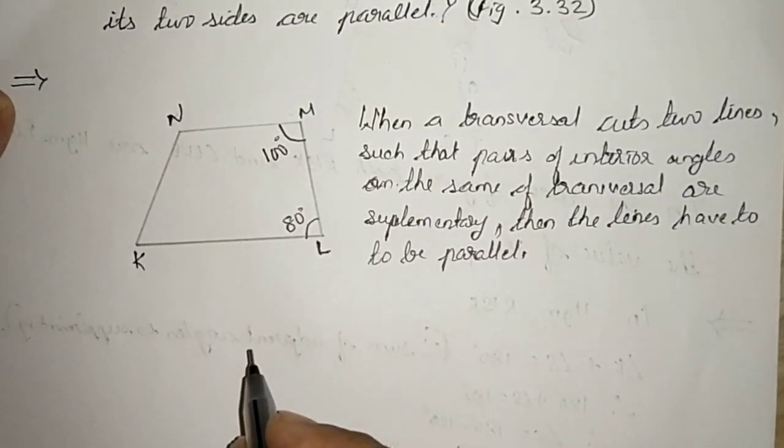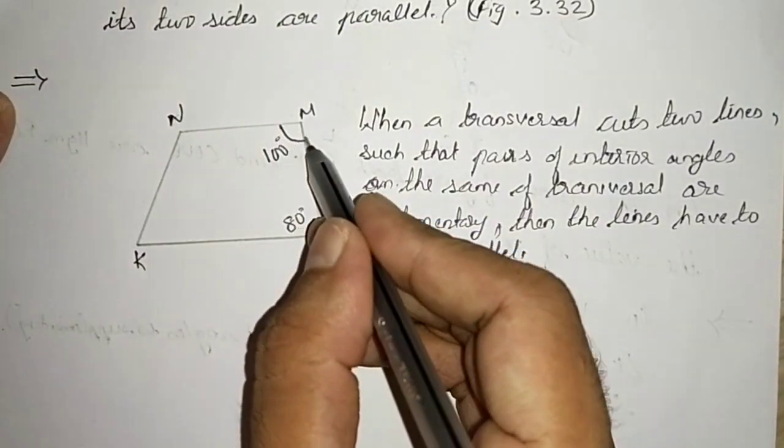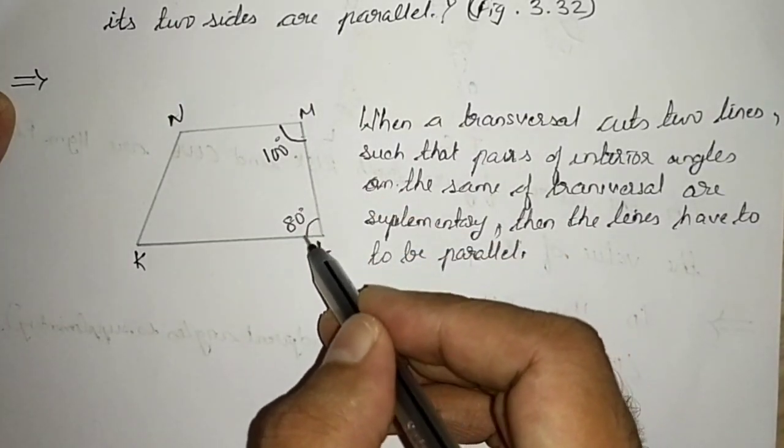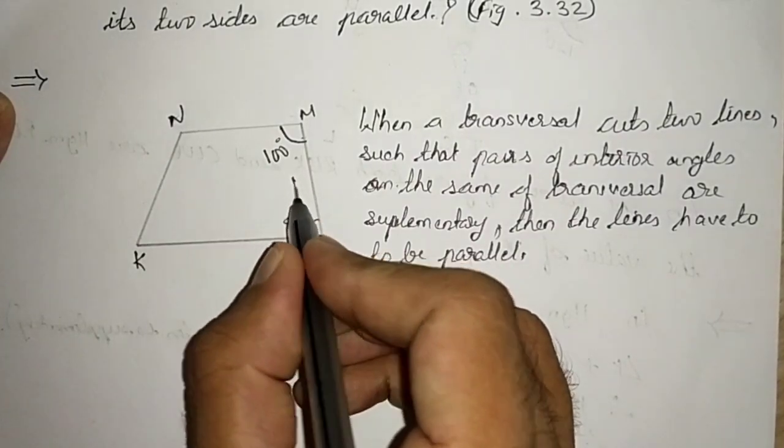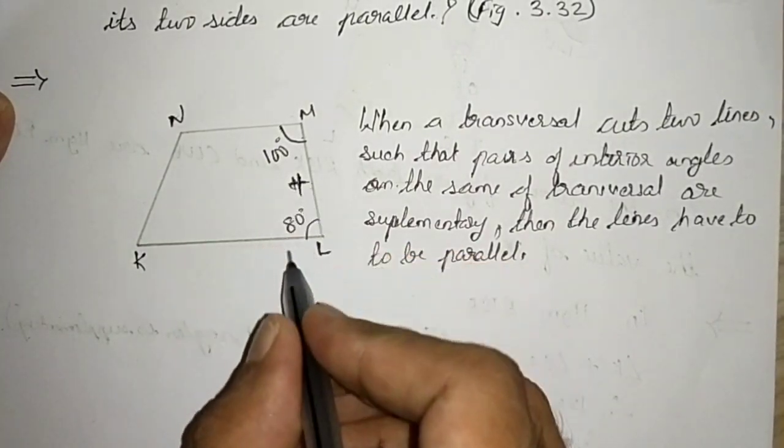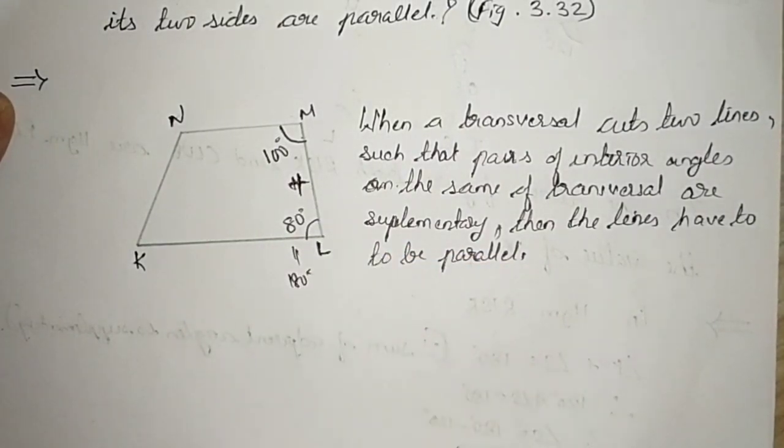Now see here. Here the measure of angle M plus the measure of angle L, if I add them, gives me 180 degrees, right?